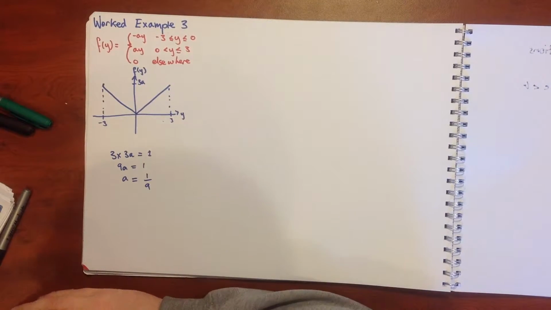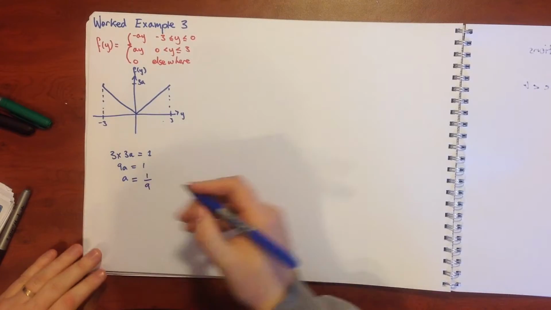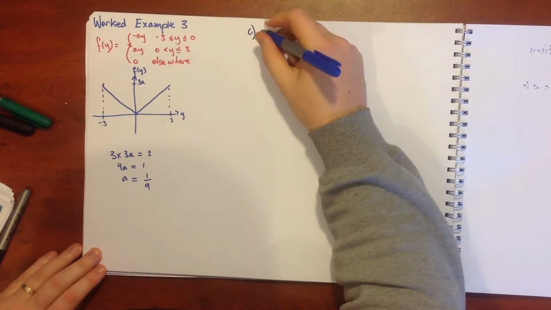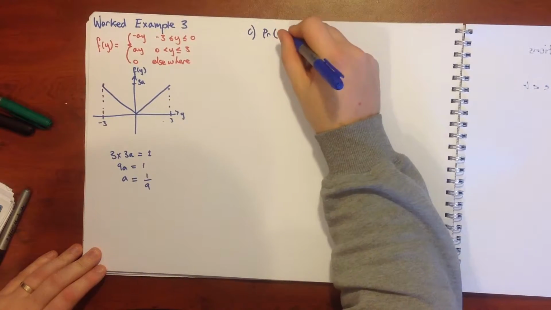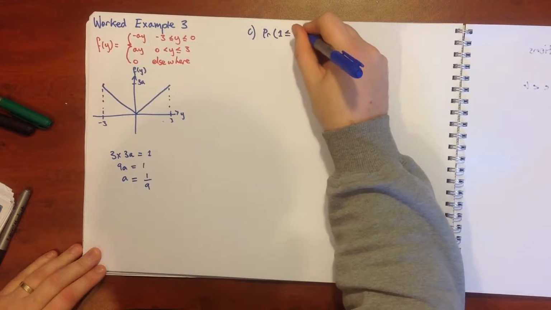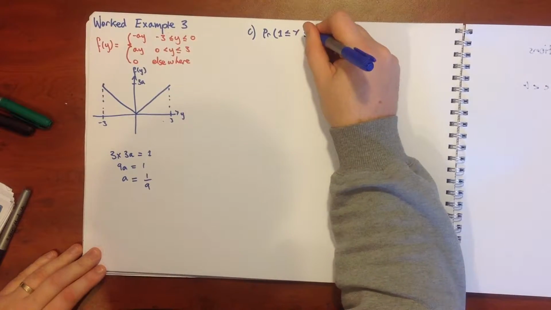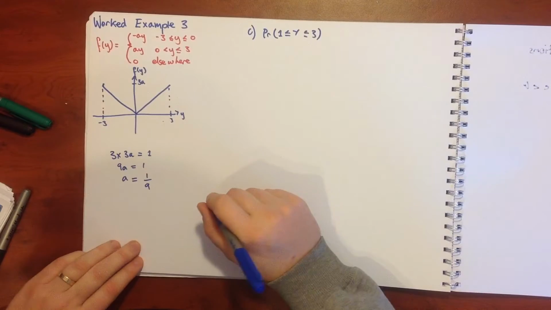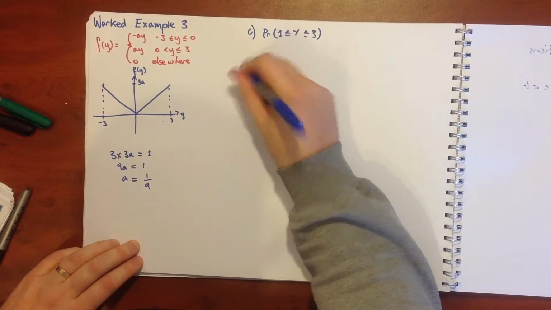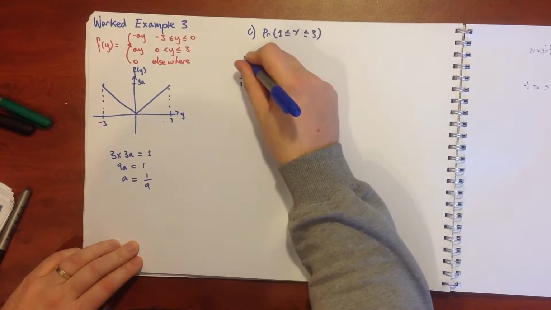Now for part C, we want to find the probability that y is greater than or equal to 1 and less than or equal to 3. This time we are going to need to integrate, so we're going to integrate from 1 to 3.